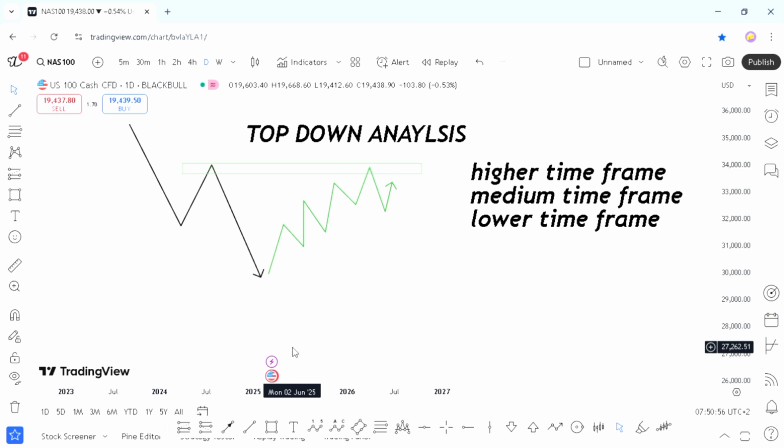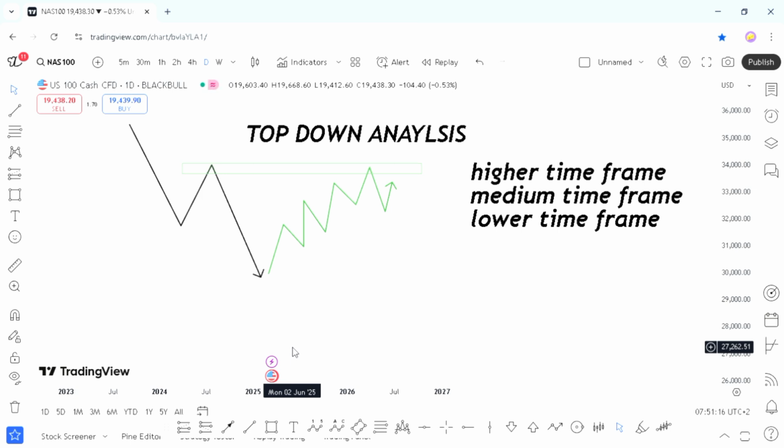You need to understand the first one, how to catch a trend reversal, before you can know how to get a trading setup or opportunity.